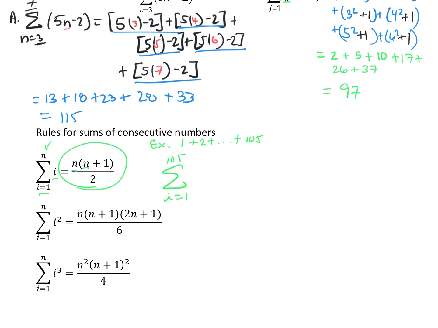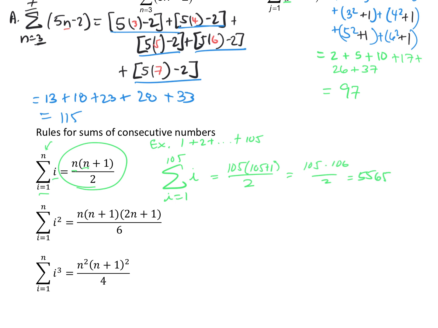So what that equals, we only have to do 105 plus 1, and divide by 2. And it works for every consecutive integer no matter where you're at. And so you would do 105 times 106, divide by 2, which is a big number, 5,565.